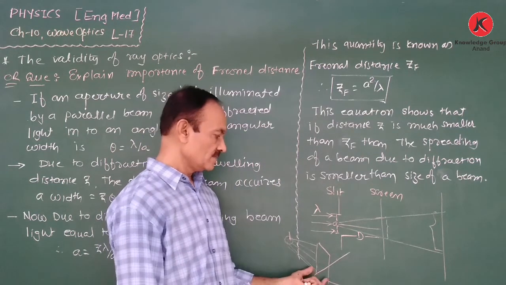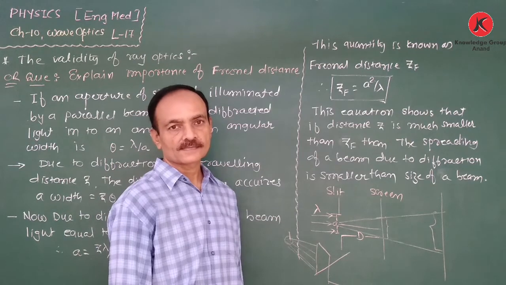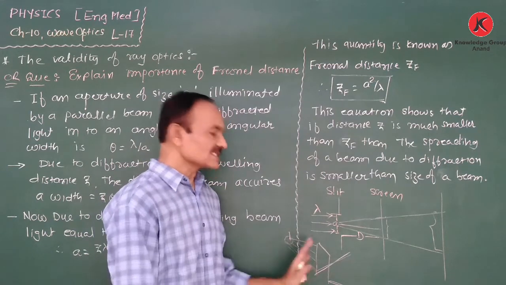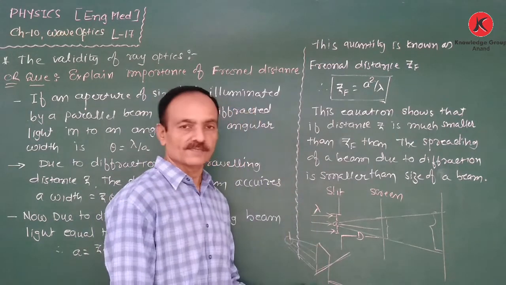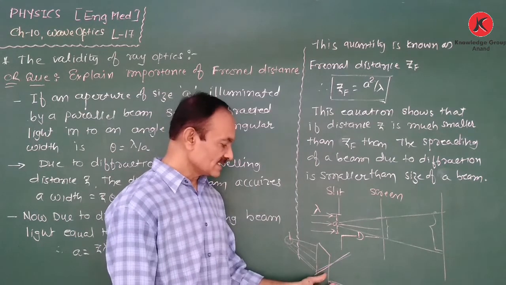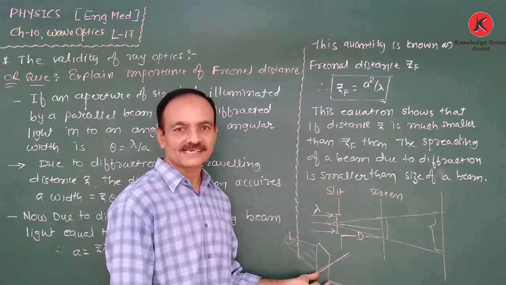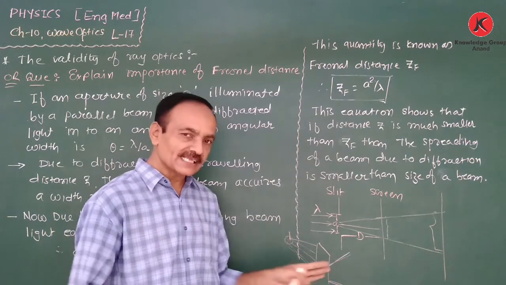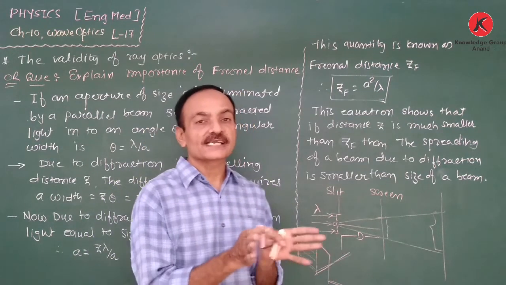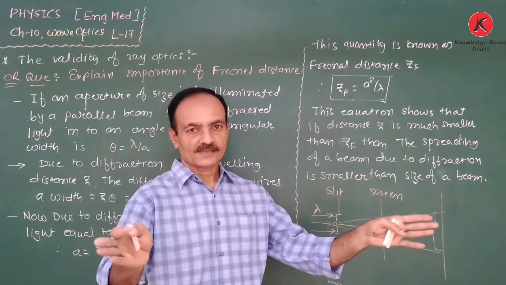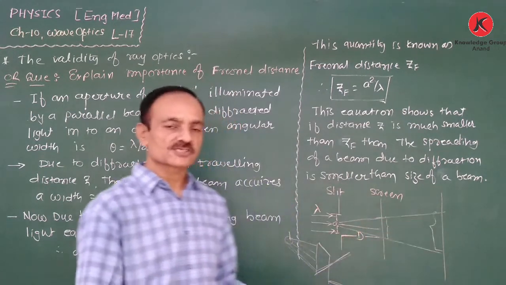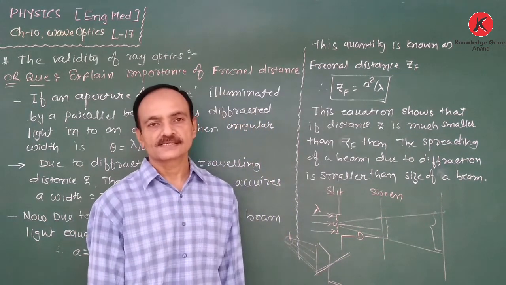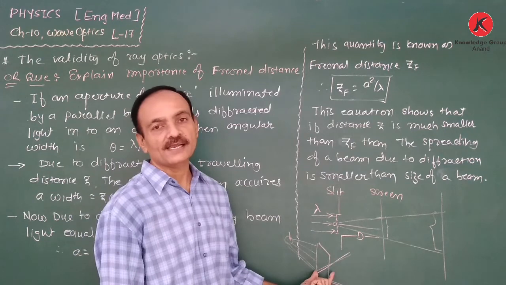The size of the door is the same at top and bottom, but at the bottom the spreading of the diffracted light is there, because the edge of the door acts as a slit. So the light incident on the edge of the door is diffracted, and as we go away from the door, the spreading of the diffracted light increases. That is the Fresnel distance.